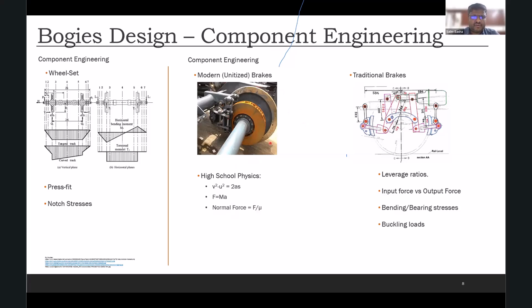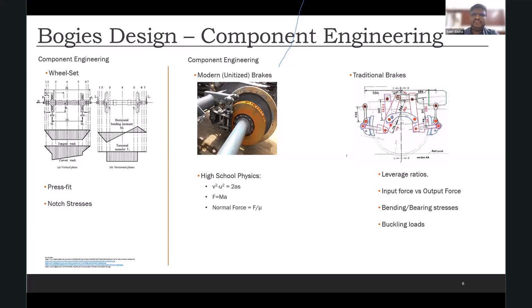And this is quite a simple analysis, because here everything is unitized. Like you have a tread brake unit, you just put it here. But there are some traditional brakes as well in some rolling stock, in some old locomotives or even the freight wagons. So here it's a little complicated. Here you have a brake cylinder, which operates a set of levers. This leverage is needed to increase the force.